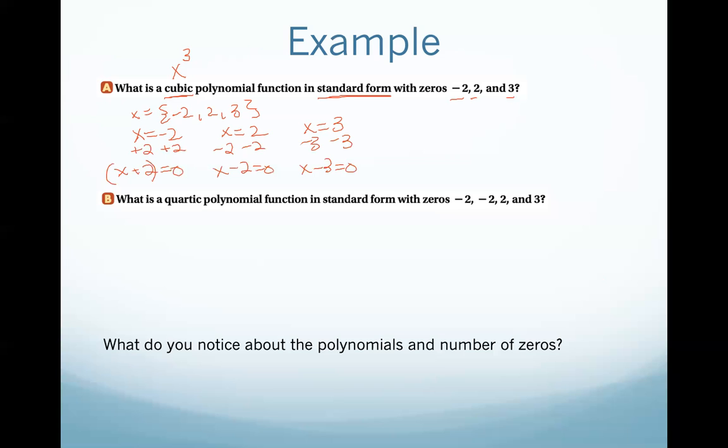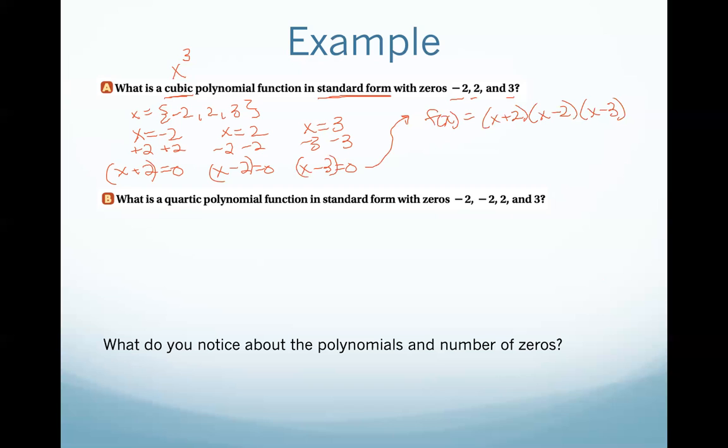These expressions here that are equal to 0 are the factors of the polynomial. So I'm taking those three factors and I write it as y, or I'm going to actually call it f of x equals x plus 2 times x minus 2 times x minus 3.